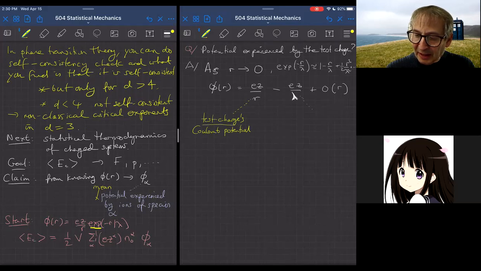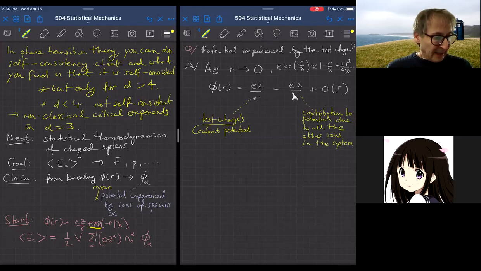So this part over here, this then must be the contribution to the potential which is due not to the test charge, but to all the other particles in the system. And then this third term, order r, this is equal to 0 at the test charge.